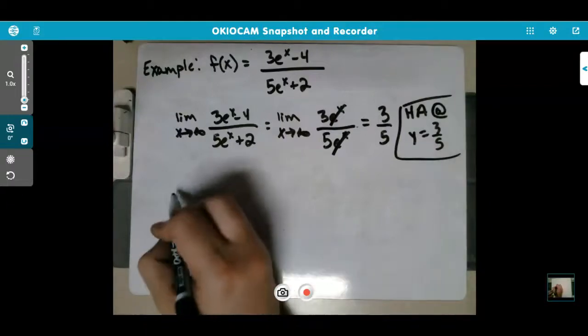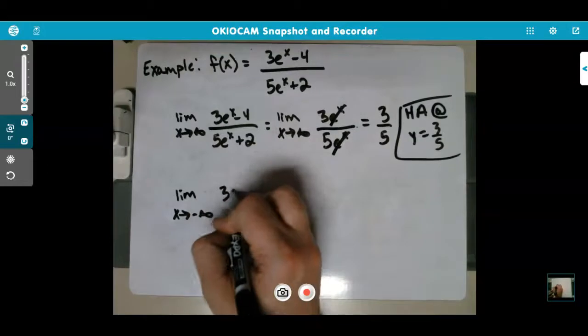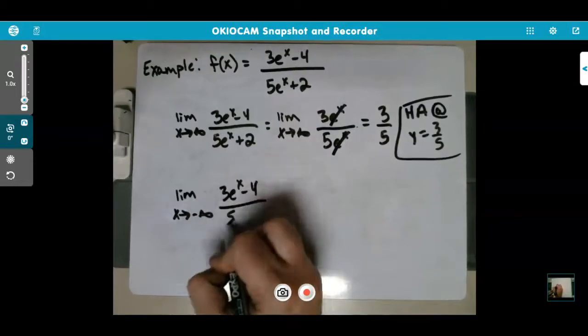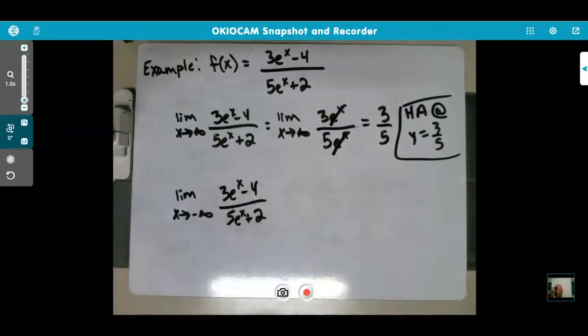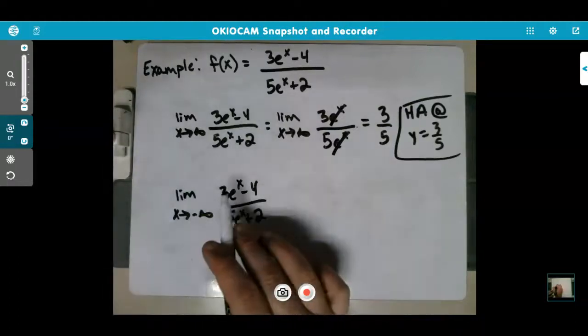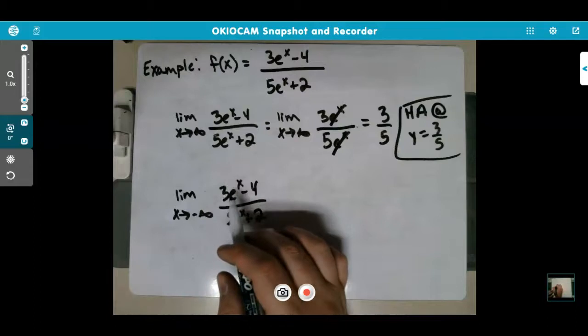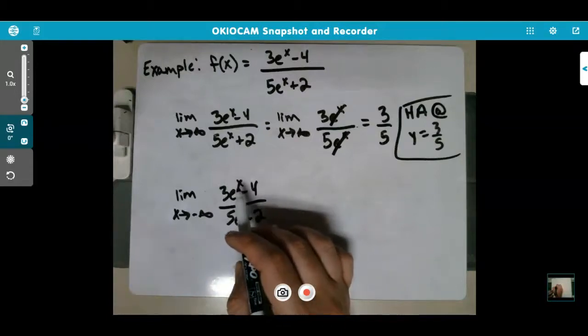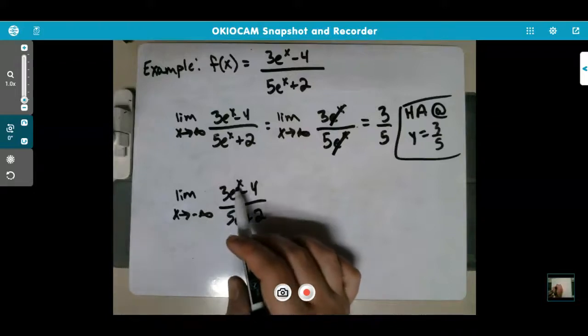Now for the left side, do the same thing, negative infinity, 3e to the x minus 4 over 5e to the x plus 2. As we did see, since this is going to be negative, this is like having 3 over e to the x. So as my x gets very big, this whole term gets really small.